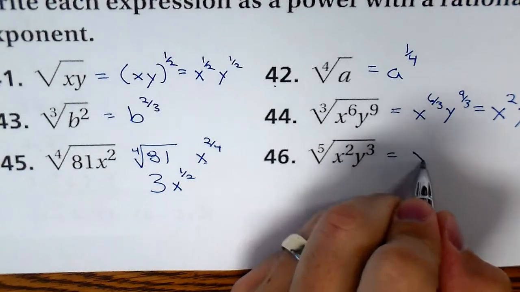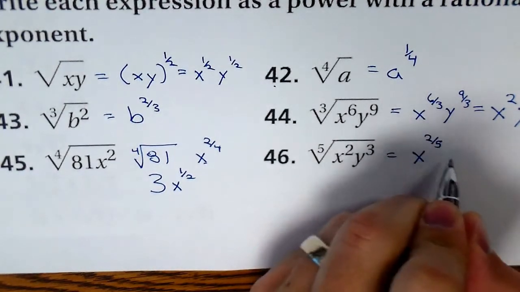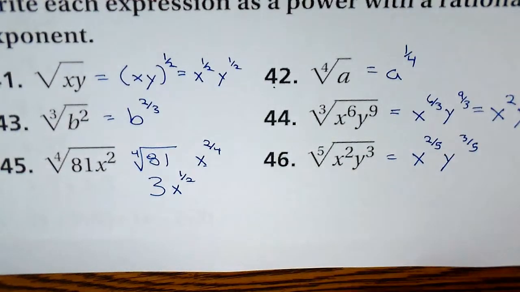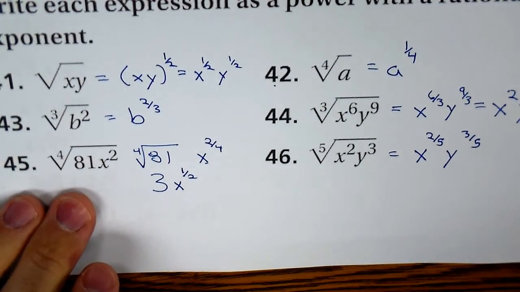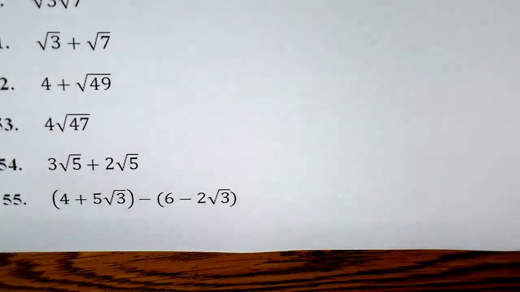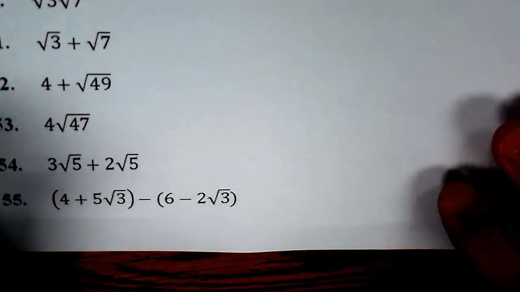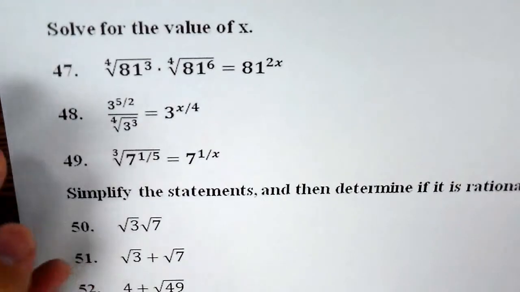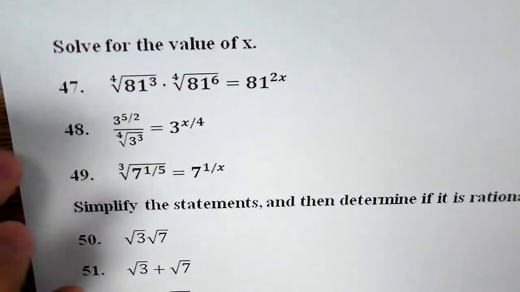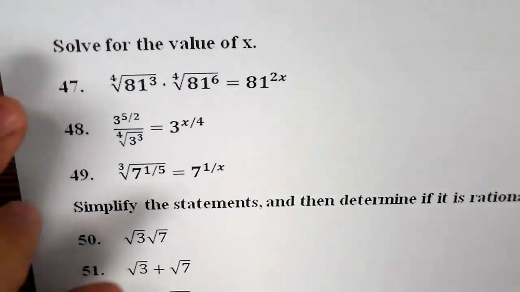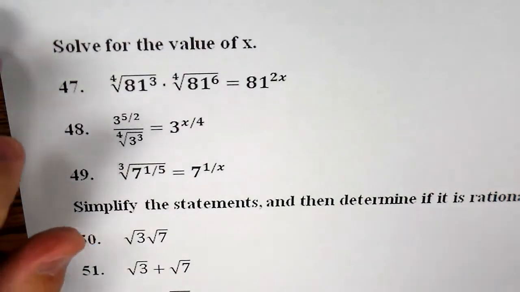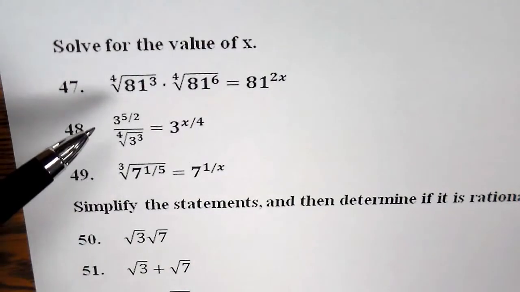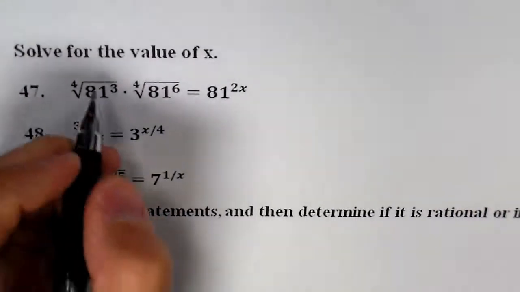46, we get x to the 2/5 and y to the 3/5. Now, for 47, all of these have the same base, and what we're going to do is change them to exponential.